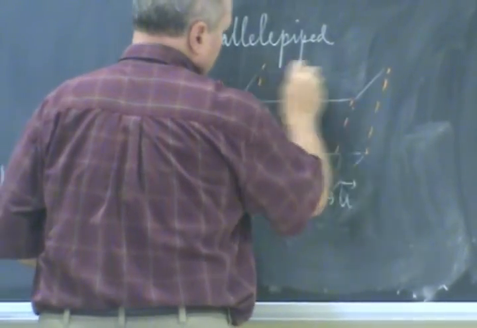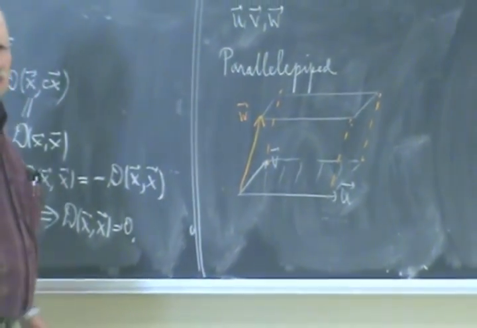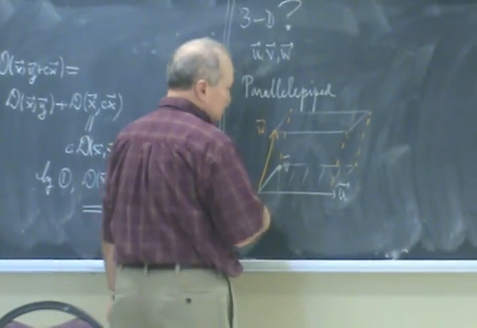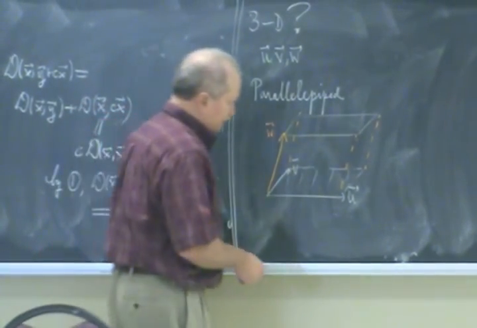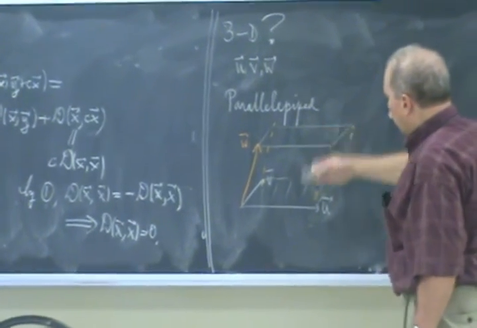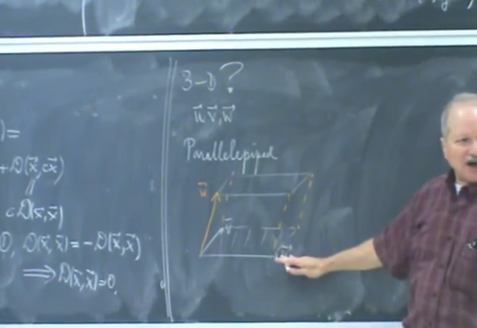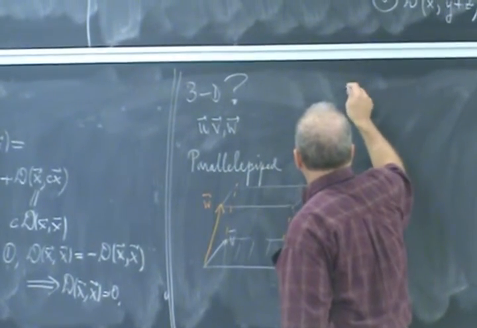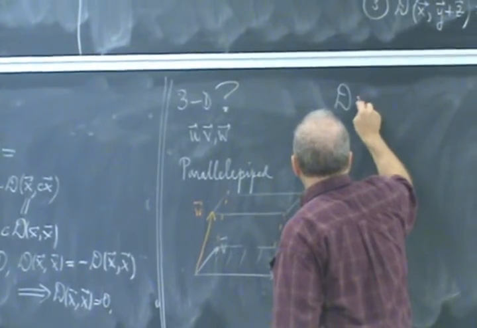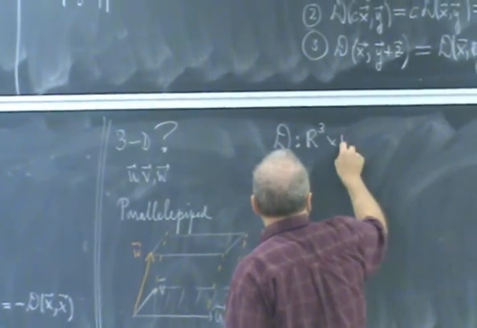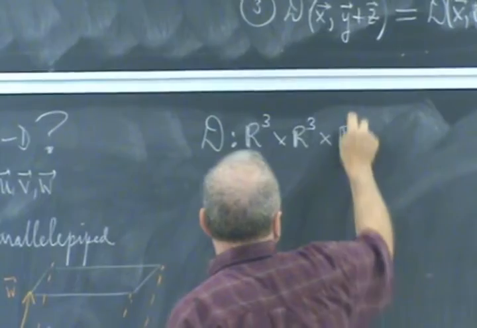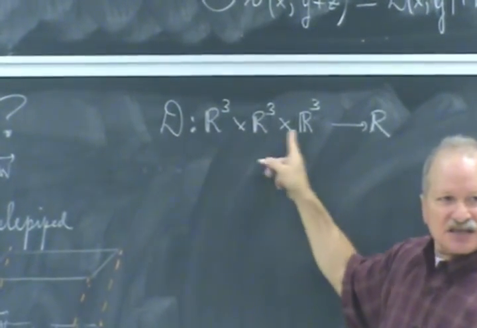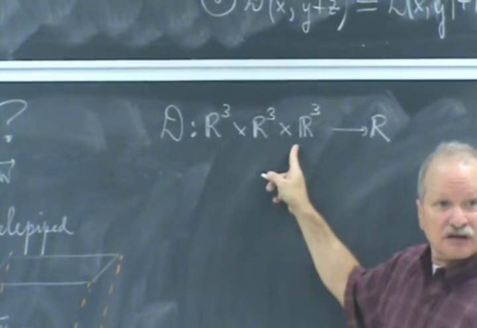It's like a sheared cube. Well, it's not a cube, but a sheared rectangular box, right? So you might similarly want to talk about the signed volume of that box. Or you might similarly want to talk about a function that eats 3 vectors. So this is notation I haven't taught you yet. This means you're going to feed in 3 things to D, each of whom lives in R3.